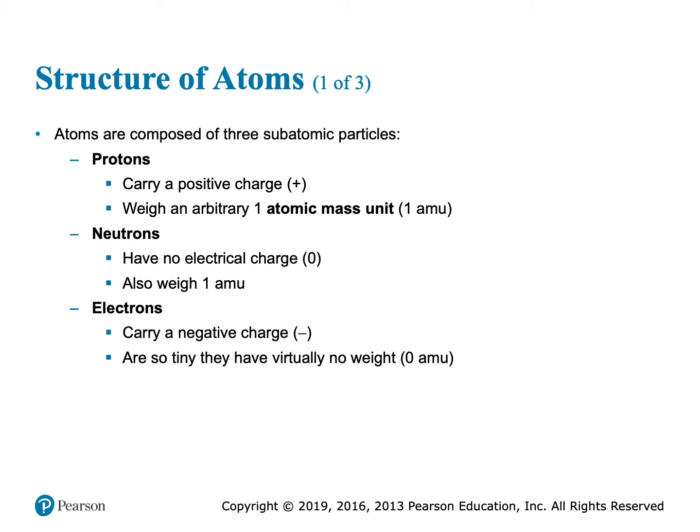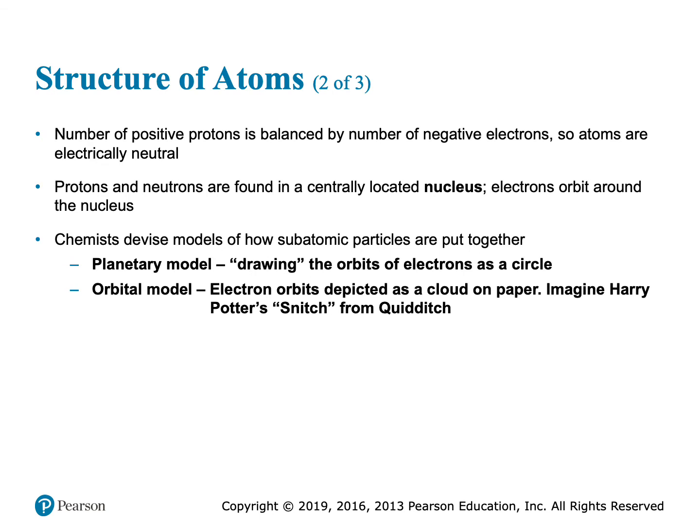So on that piece of paper, that's how they're listed out. That's what I just said. Number of positives equals the number of negatives. Protons and neutrons are in the nucleus. Sometimes it's the same number and sometimes it's not. You don't need to memorize those kind of things.